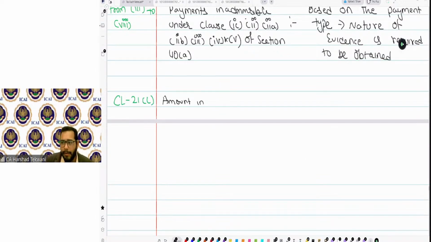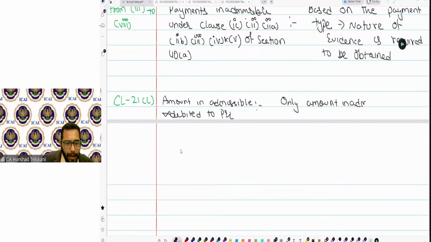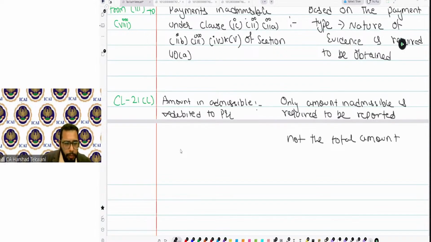Amount inadmissible and debited to P&L. Over here, only the amount inadmissible is required to be reported, not the total amount paid as salary, remuneration, or interest.